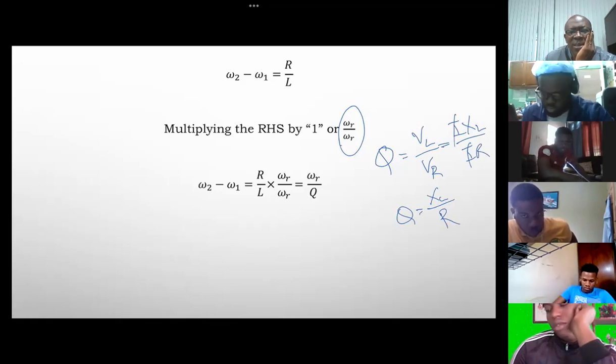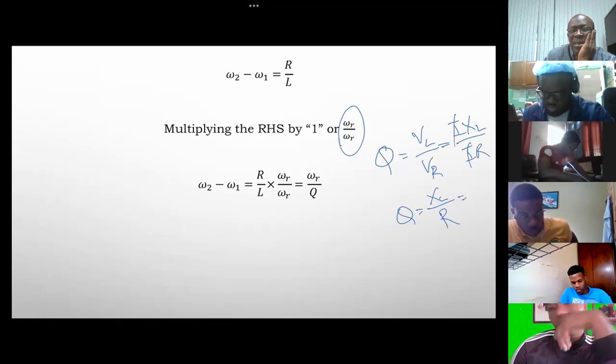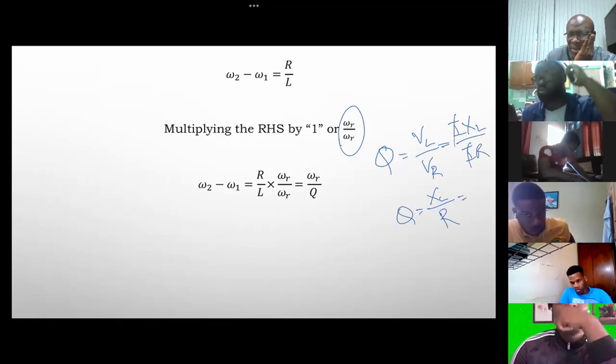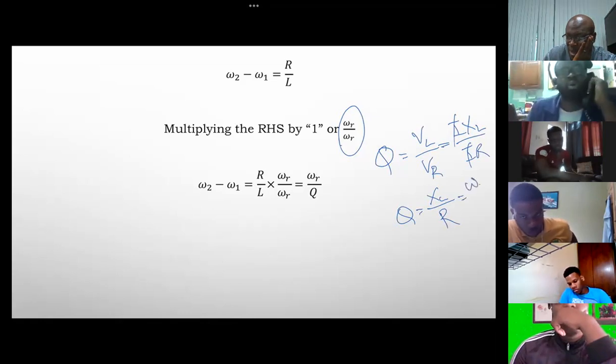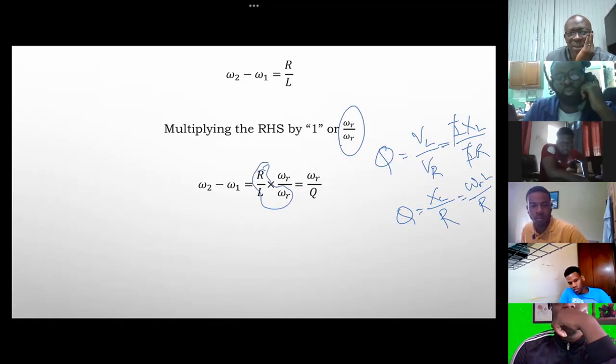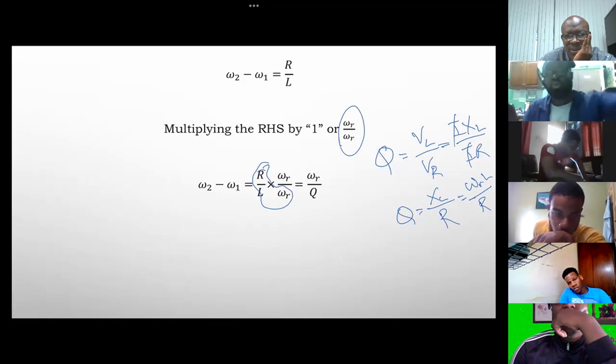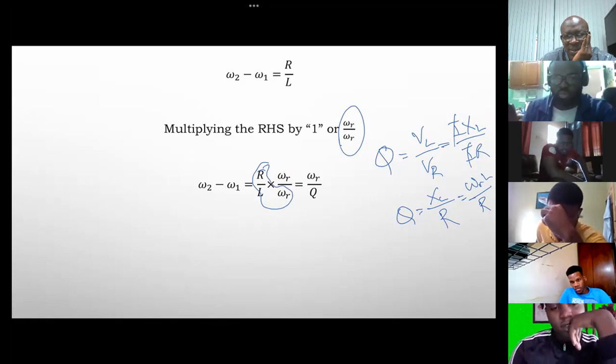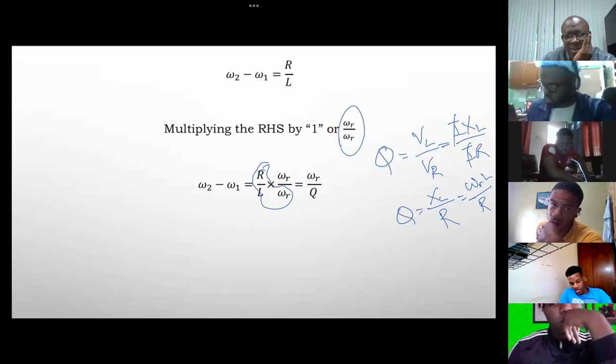So we look at Q at resonance, where XL at resonance would therefore be equal to omega R times L, which is what we have here. But instead, what we have is that. We have R over omega L, which will be 1 over Q. Are we clear on that one? There's some little fancy math footwork. Nothing major.